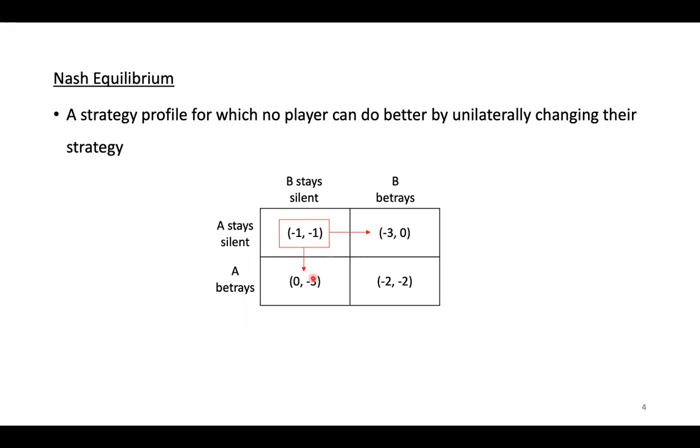So what Nash equilibrium states is that the strategy should be in such a way that no player can deviate from their current profile. Consider this situation where A is betraying and B is betraying.